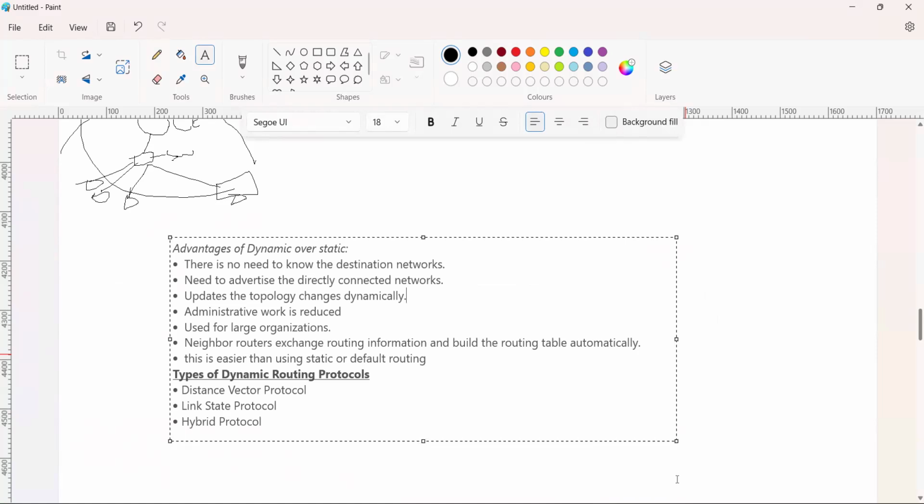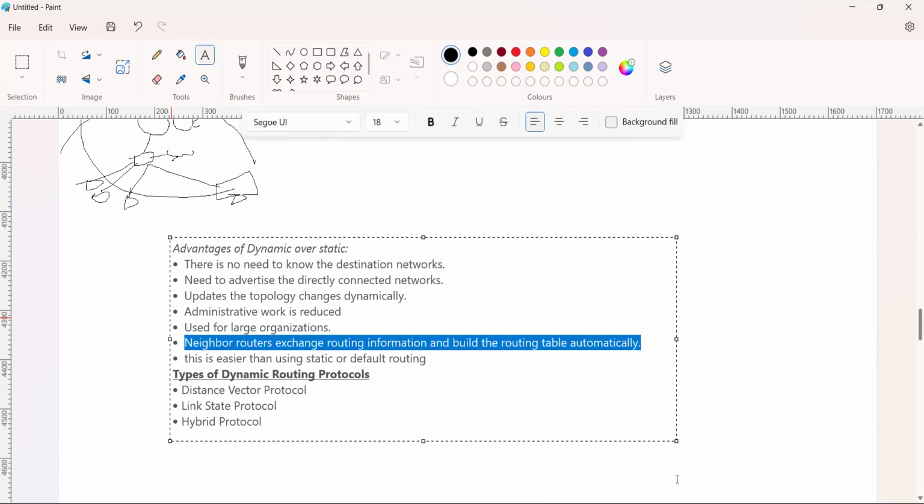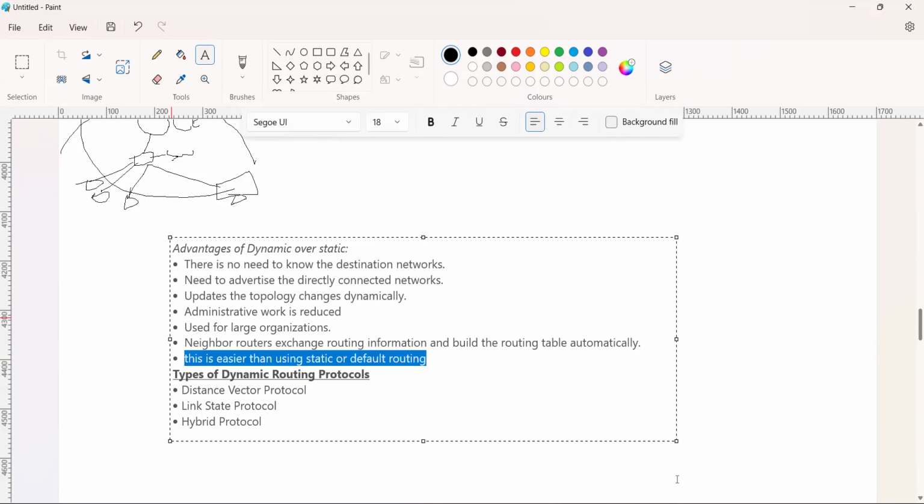Administrative work is reduced, so the work for network engineers is very little, which suits large organizations, not small ones. Neighbor routers exchange routing information and build the routing table automatically. This is easier than using static and default routing. We just configure 0.0.0.0 and subnet mask 0.0.0.0. I'll show you in the lab once we finish.